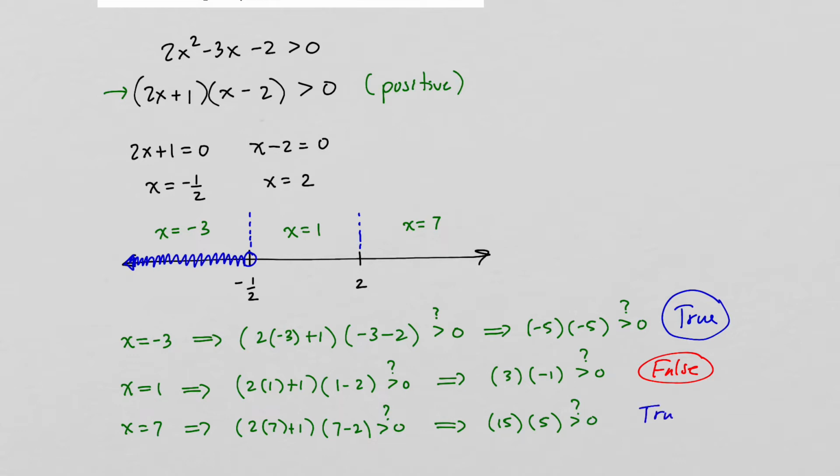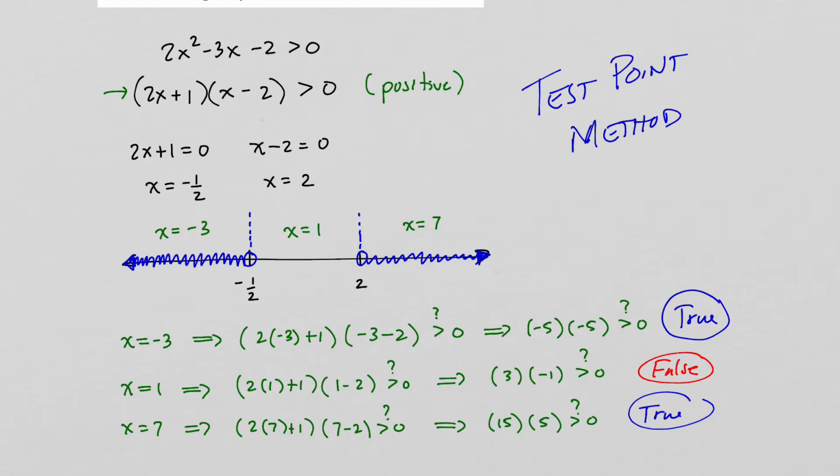And the answer is yes, it is, right? Because 15 times 5 is 75, and that is greater than 0. So all of the numbers to the right of 2 also satisfy the inequality. And I like to call this the test point method.